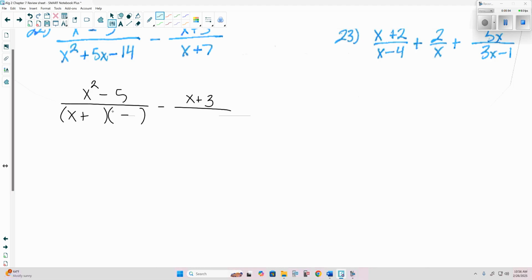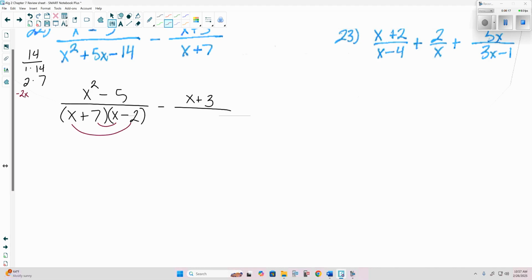Factors of x squared would be x and x. Now our factors of 14 are 1 and 14 or 2 and 7. So I'm going to set the 7 as positive, 2 as negative, and we'll check.